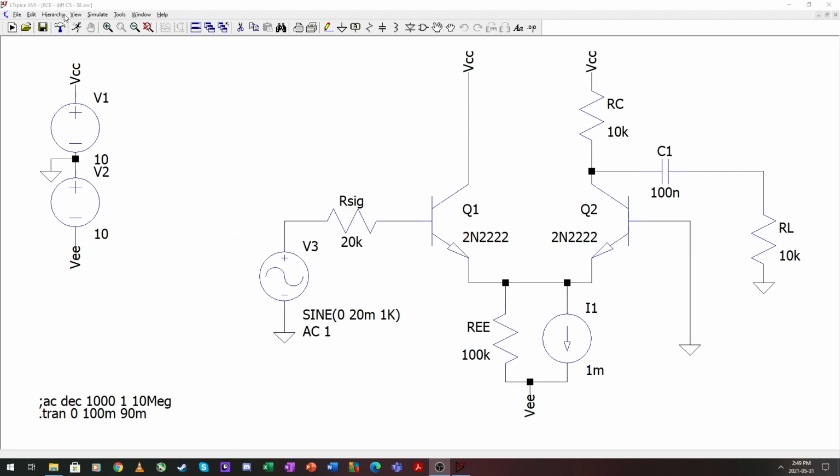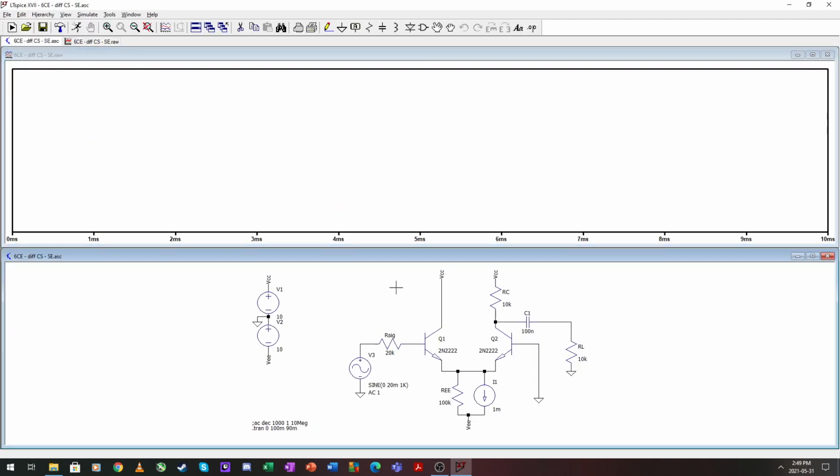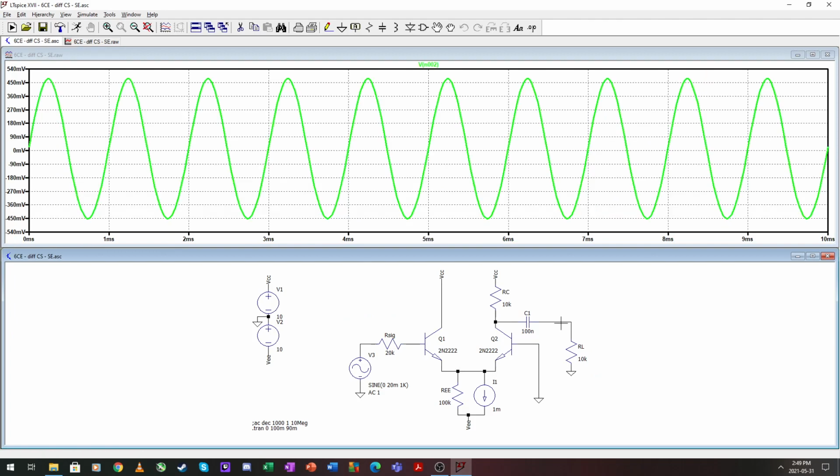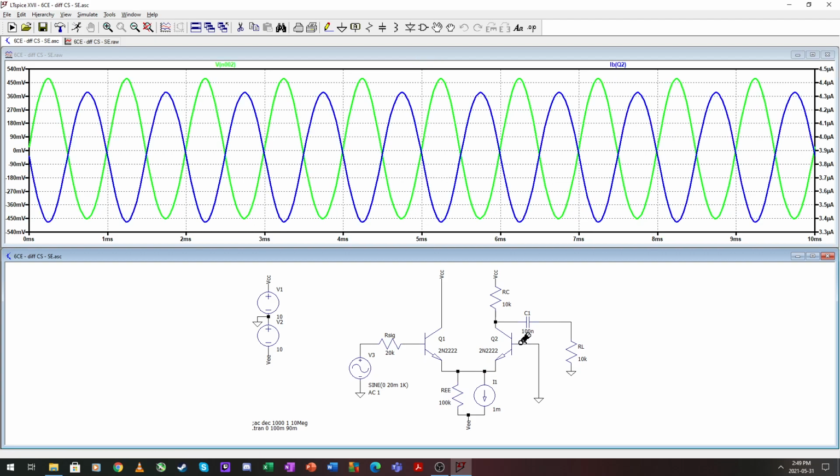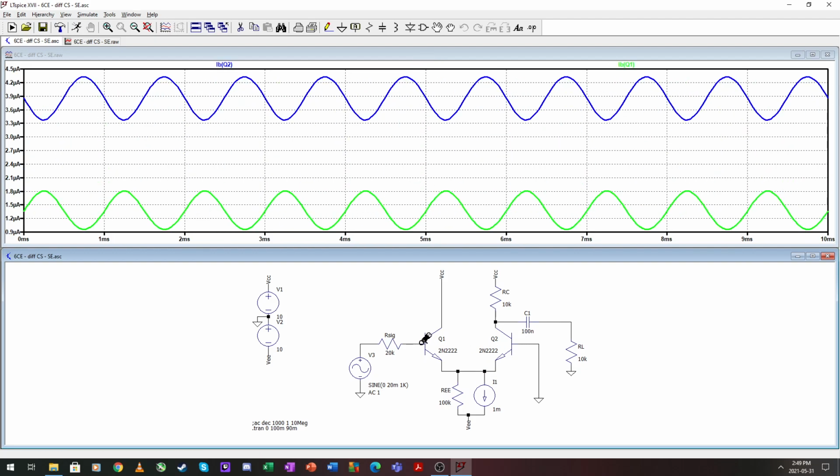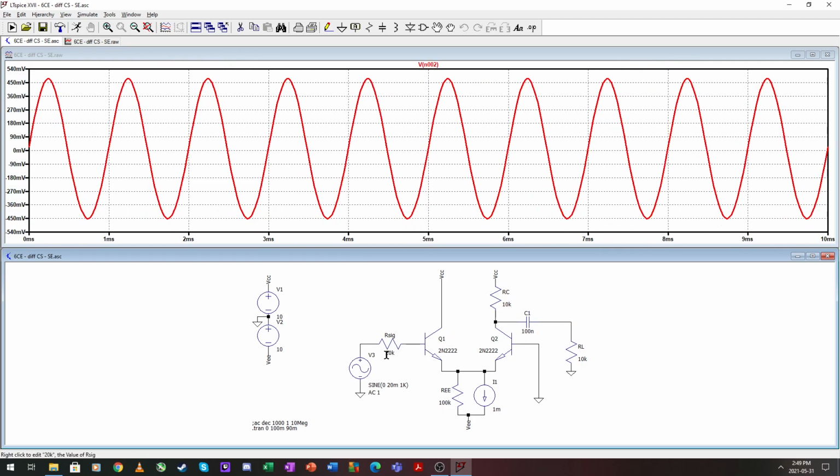Here is a single-ended conversion. As you see, I'm not even catering for the offsets, but you will see that there is a bit of a mismatch. 10K on the out, 10K here, 20K on the input, and our gain is halved, halved, and halved.